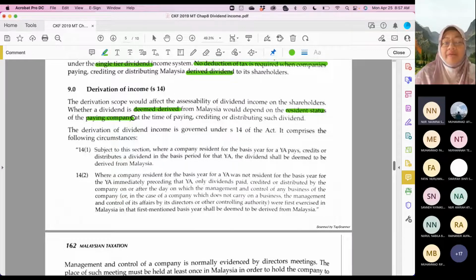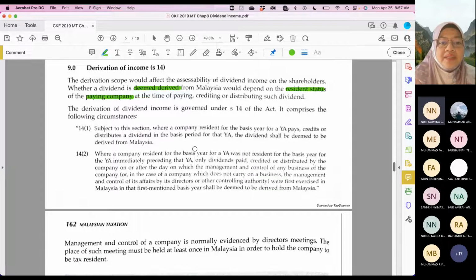What we have covered before is resident status for an individual, but now we are looking at the resident status of the company that is paying out the dividend. If the company is a resident company, then the dividend received by the shareholders is taxable, as it is deemed derived in Malaysia.